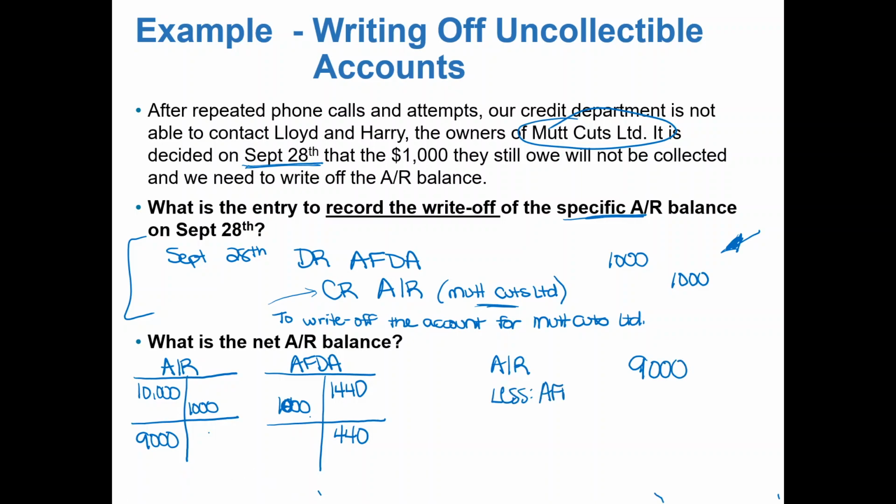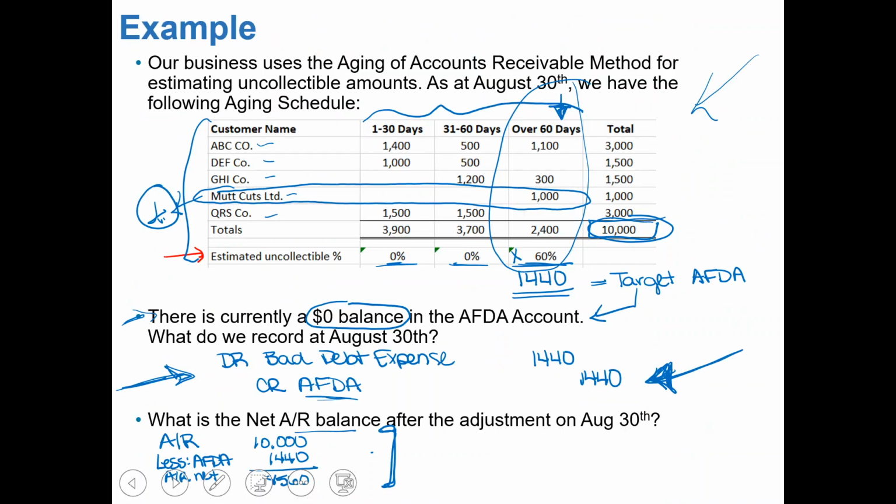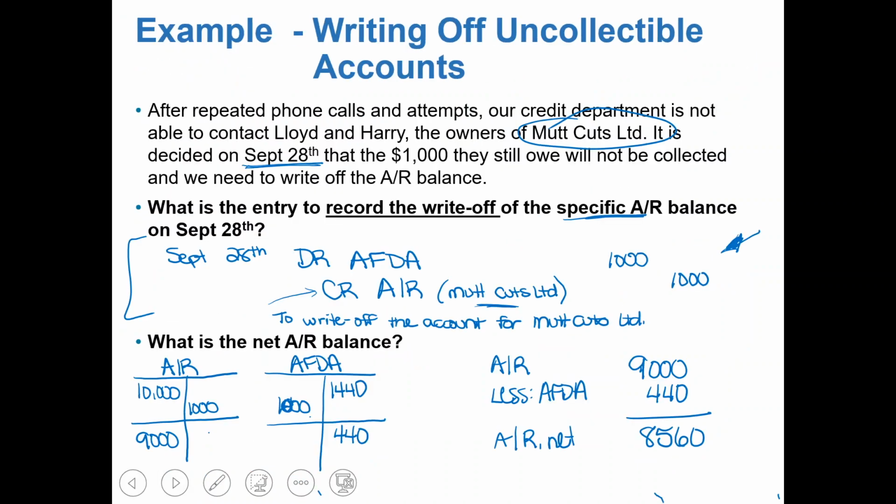We take away the AFTA amount of the $440, and our net AR that remains is $8,560. So we can compare that to before we wrote it off, right here at August 30th, we were also at $8,560. So when we wrote this off, it does not change our net AR.